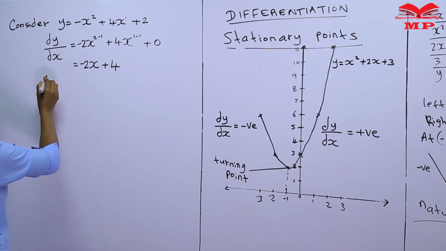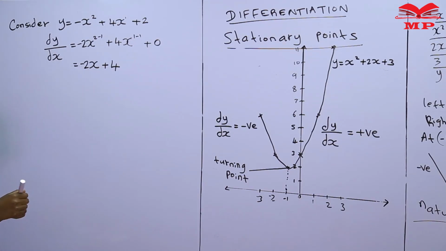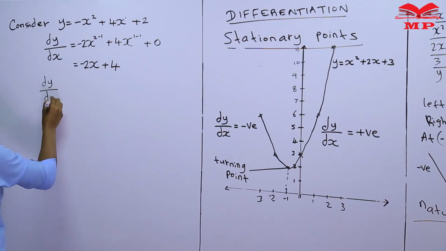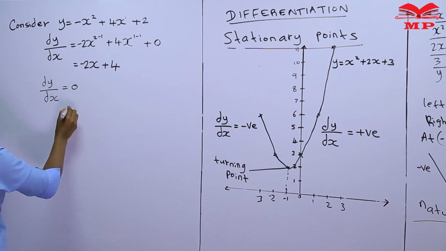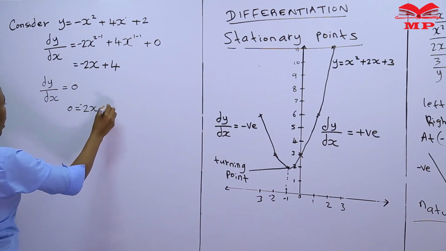Then after that, we know that at the stationary point, we want to equate this to 0 and find x. So dy over dx at the stationary point is equal to 0. So we have 0 is equal to -2x plus 4.